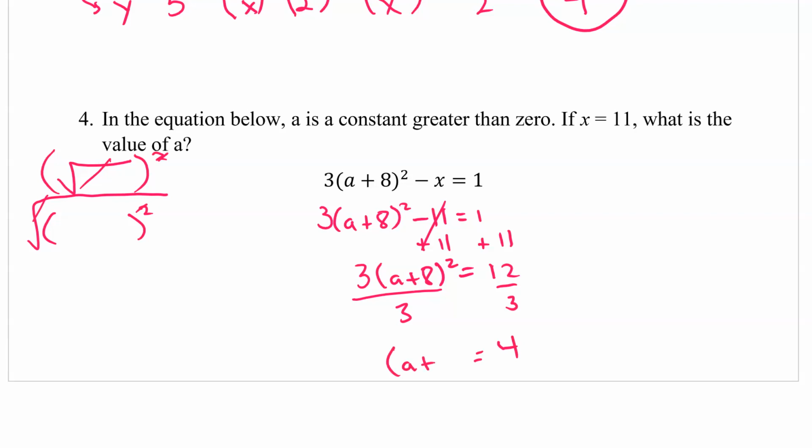And now I've got just the variable expression squared. So like I said at the beginning, we're going to do the square root. When we do the square root, we have to put a little plus or minus here. So then I have a plus 8 equals plus or minus square root of 4 is 2. So I'm going to get 2 answers.